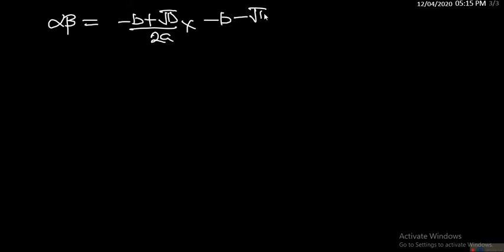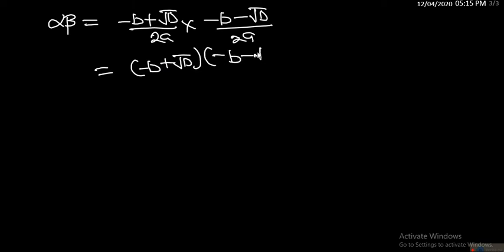In the same way, we can generate the product of the roots as follows. The product alpha beta equals minus b plus root D over 2a multiplied by minus b minus root D over 2a. If we multiply the numerators and denominators, we have minus b plus root D into minus b minus root D, everything over 4a squared.